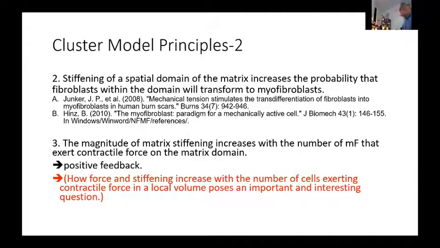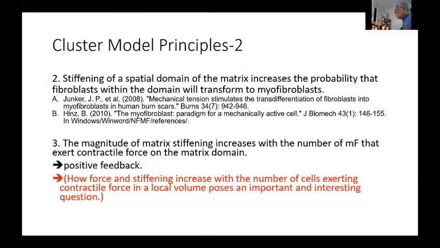Now, the next thing that I want to mention to you is a justification for my statement earlier that the stiffening of the extracellular matrix increases the probability that a fibroblast will become a myofibroblast. And these two references demonstrate that. And there are many others since then too.